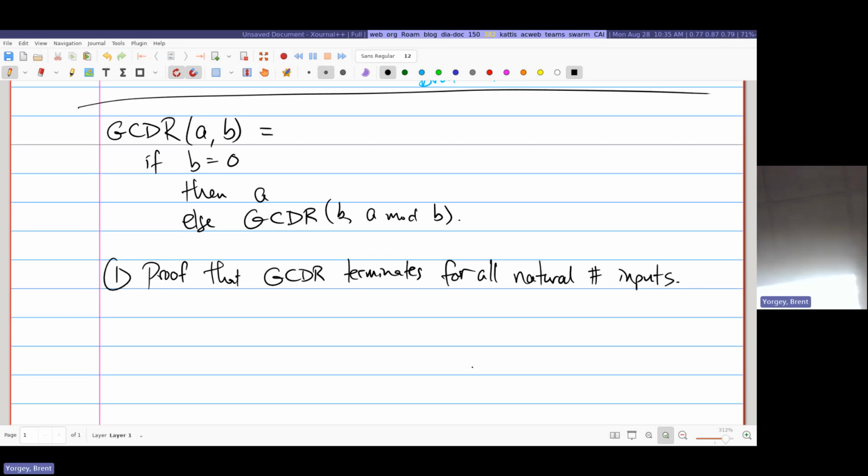If it was real numbers and you divide by 2 every time, well, you're never going to reach 0. You can keep dividing by 2 forever. If you're talking about natural numbers getting smaller, eventually it's going to have to hit 0, right? And then the base case is, we have a case for when B gets to be 0, we stop.